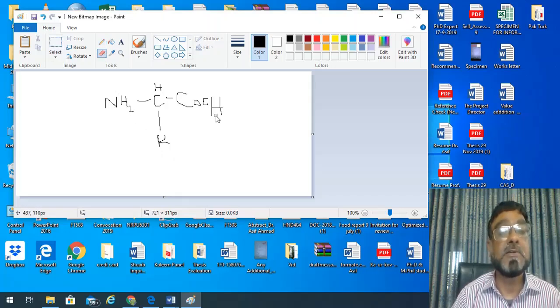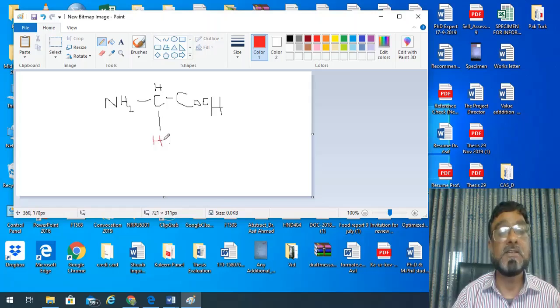How can it be made? As I told you earlier, this is the same structure for all the amino acids. We have to change only here. So for glycine, what will the structure be?